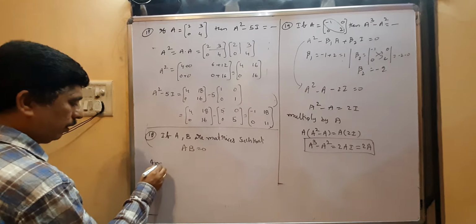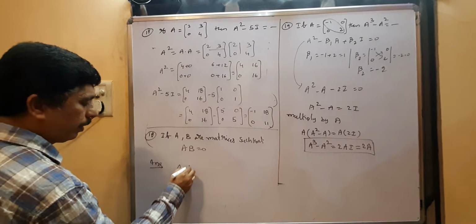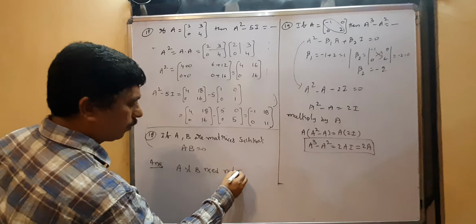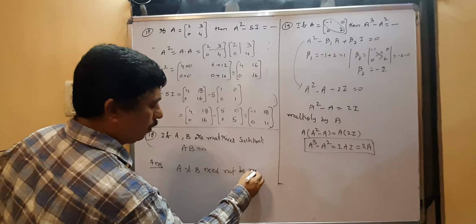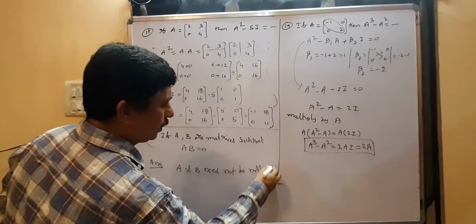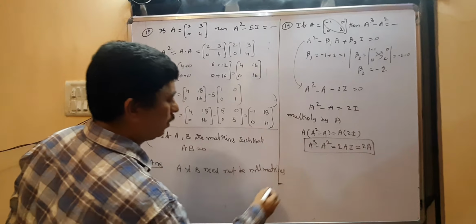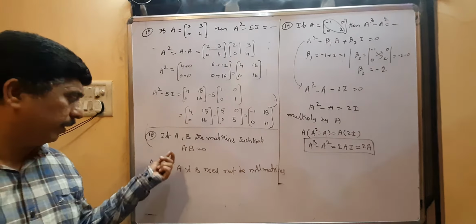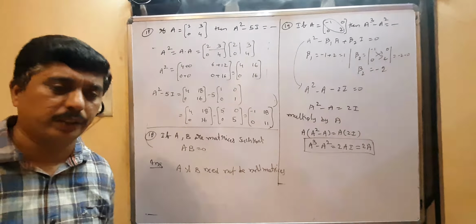Answer: A and B need not be a null matrix, since it is not like real numbers where a product of 0 means one of them is 0.